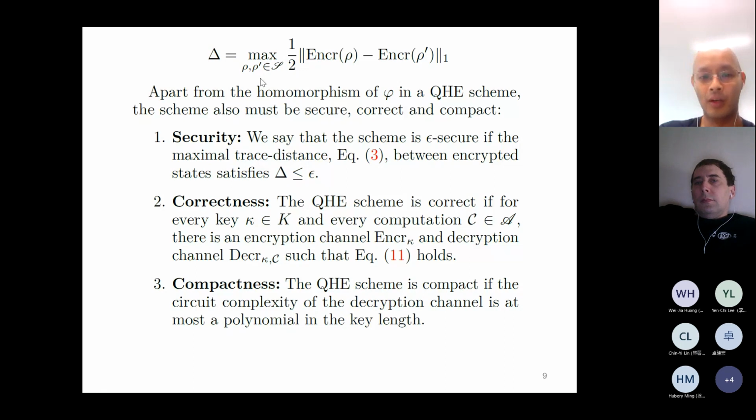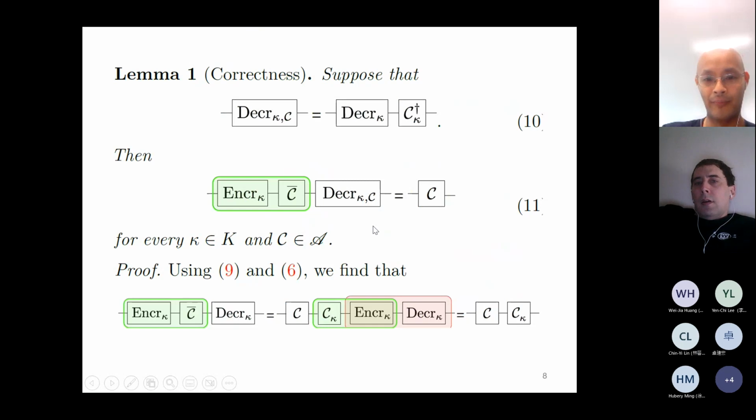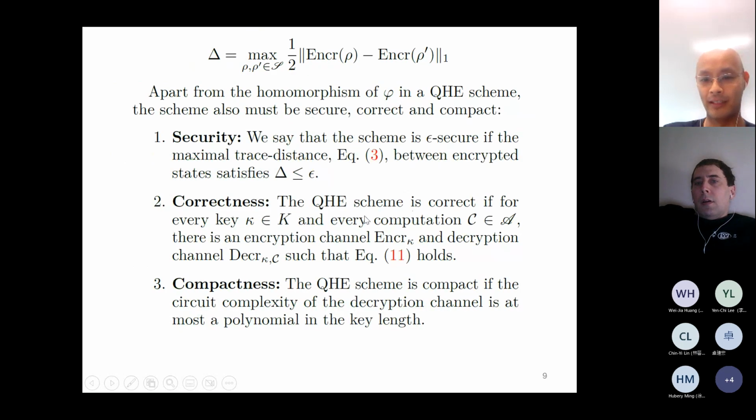You say that the scheme is epsilon secure if this delta is at most epsilon. And of course, you want it to be correct. Basically, you want this to always hold, I mean, you want the correct output. Yeah, this is quite a tautology. And also, this is the important restriction that you want the decryption map to be easy.